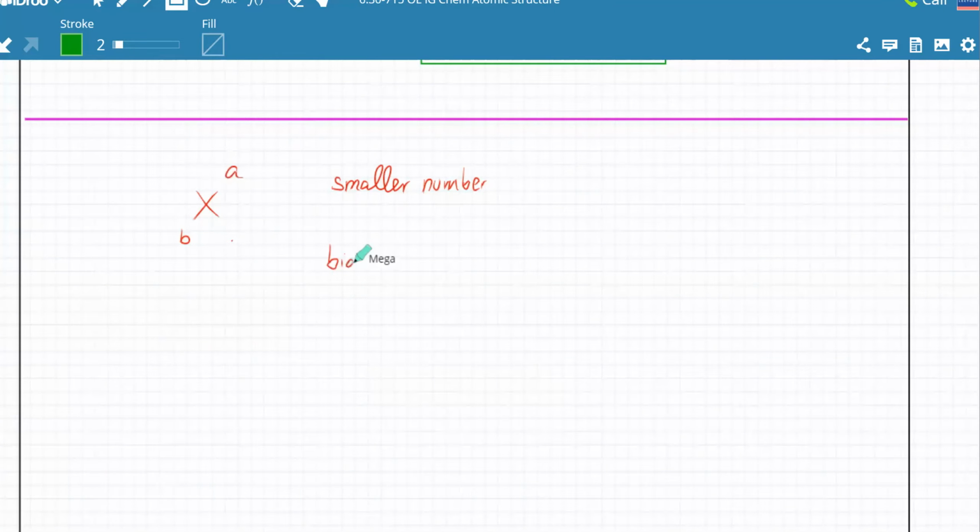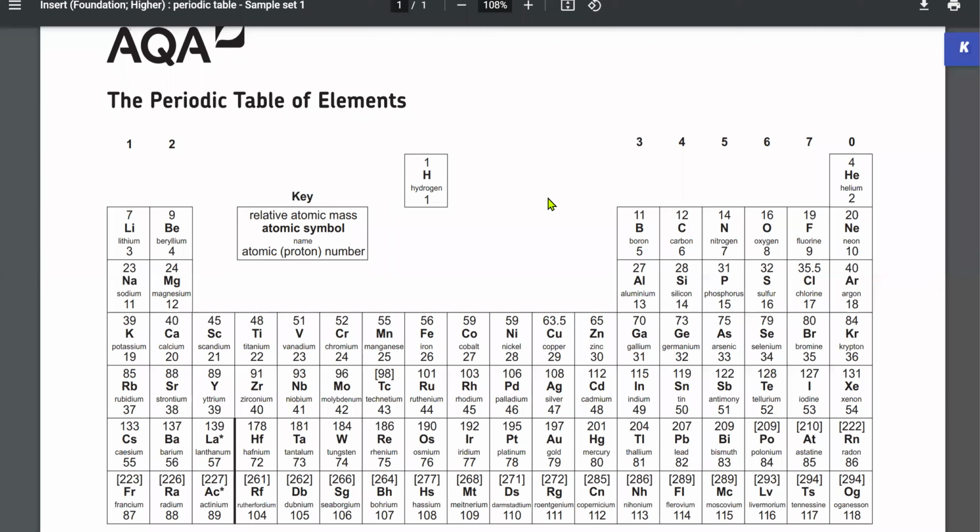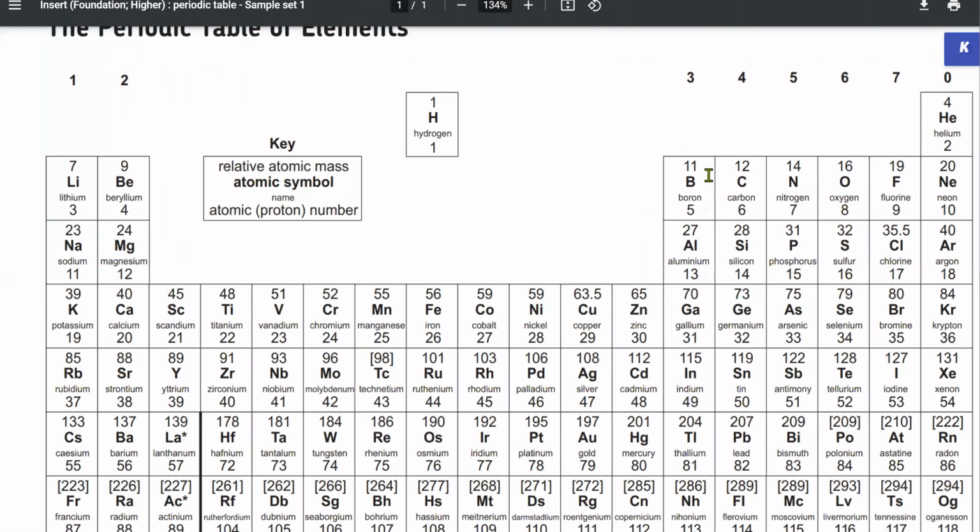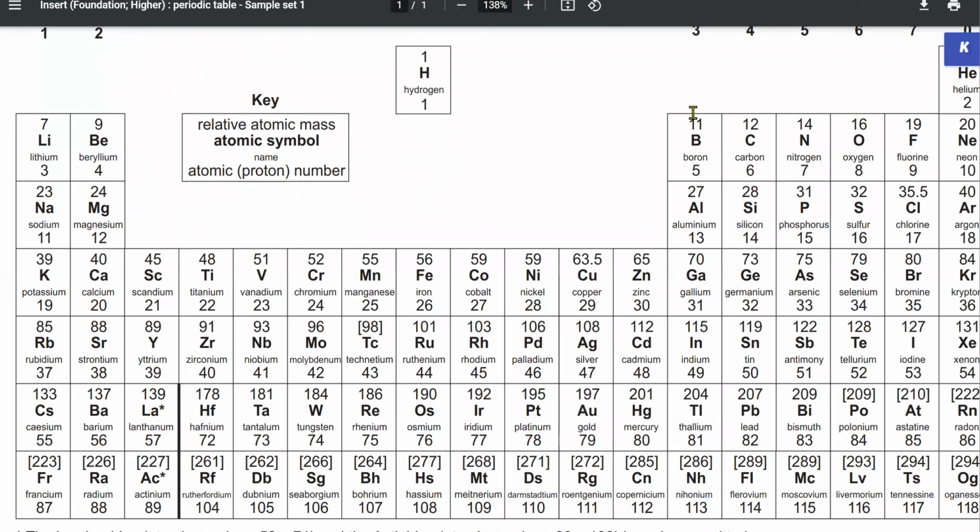Remember these two numbers like this, just because the periodic tables and the positions of these two numbers keep changing. You can have a look at any element, like boron: there's a smaller number and a bigger number. Ignore the position; don't think of it in terms of position.